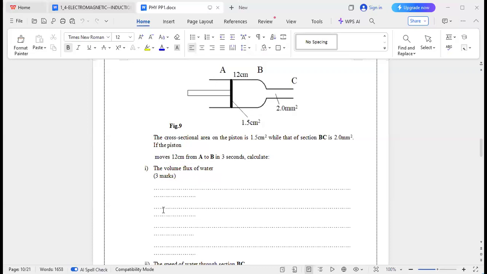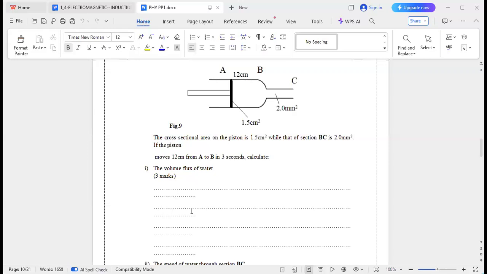So we now have 1.5 times 10 to the power negative 4 times 0.04, and the answer is 6.0 times 10 to the power negative 6 cubic meters per second. That is the volume flux.